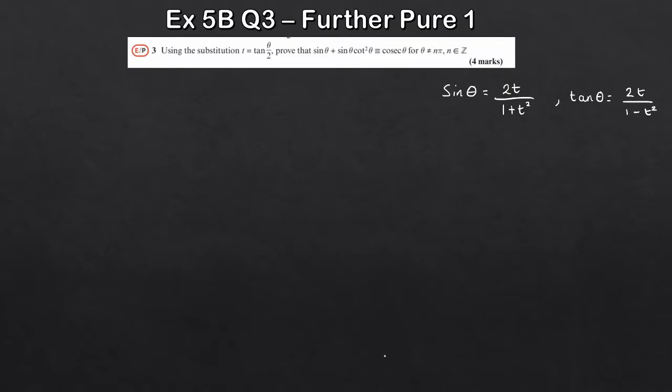Now I'm going to set up what we've got. We've got sine theta plus sine theta times cot squared theta. So that's 2t over 1 plus t squared plus, again, 2t over 1 plus t squared, times 1 over tan squared theta.